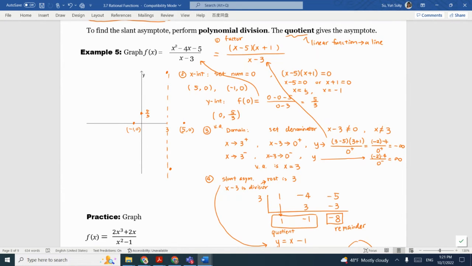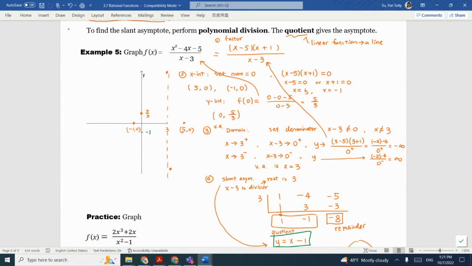Okay? And now we have a slant asymptote. So this is something new. Slant asymptote, y equals x minus 1. How do we graph a line? This is the slope-intercept form. You first draw the y-intercept, which is -1, and then your slope is 1.